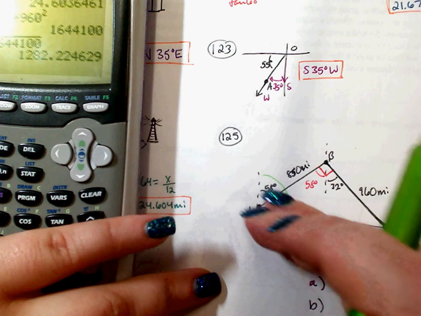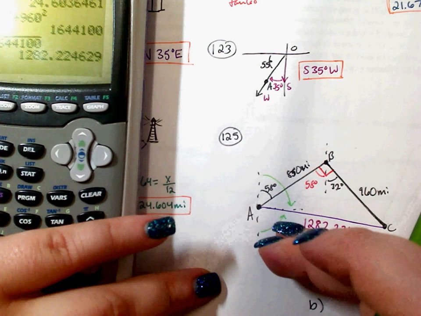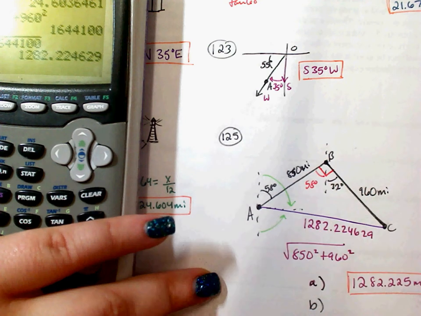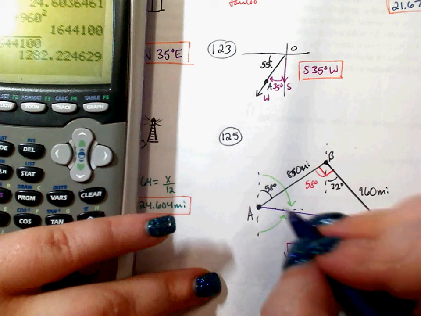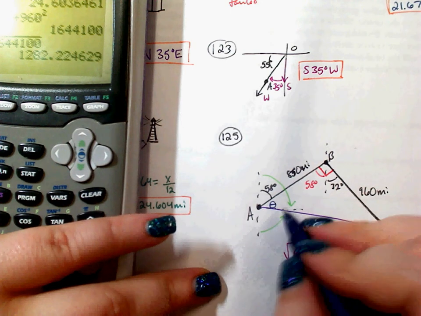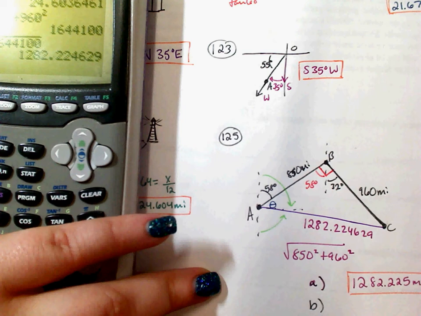And so I'm almost done. I need to find this theta. So I've got opposite and I've got adjacent. So I know that tangent of theta equals 960 over 850. So theta equals tan inverse of that.